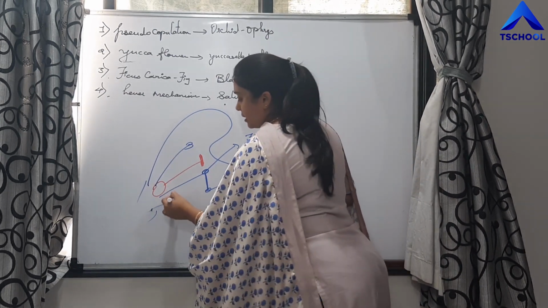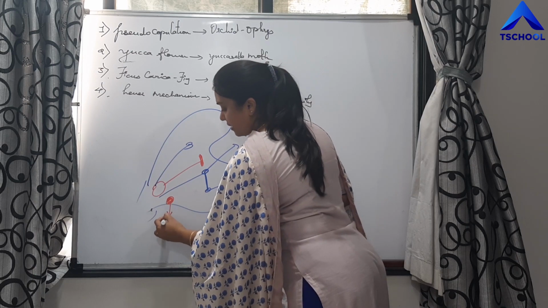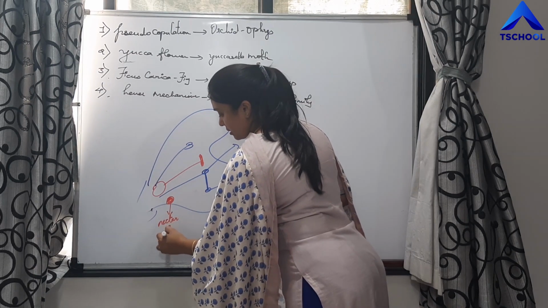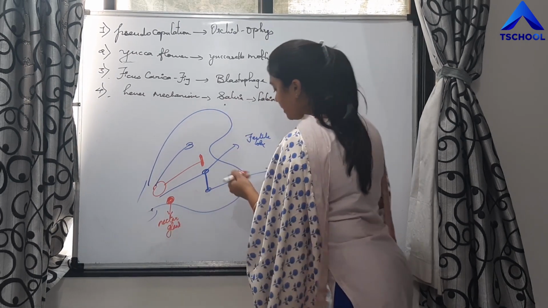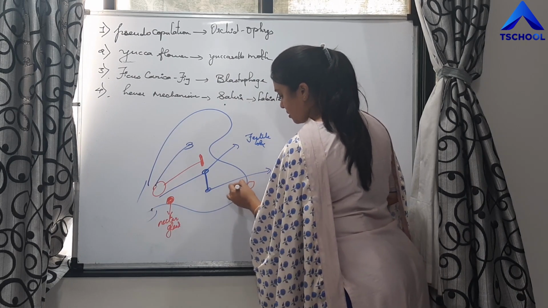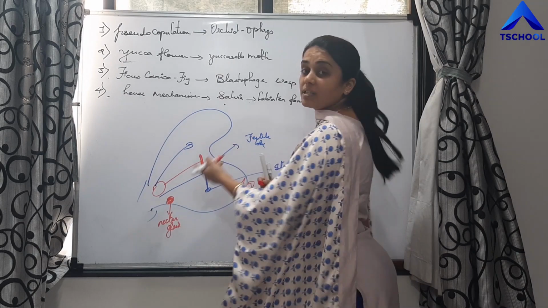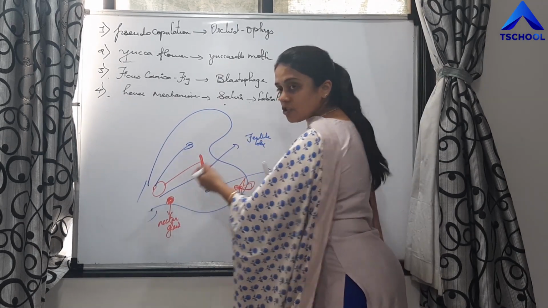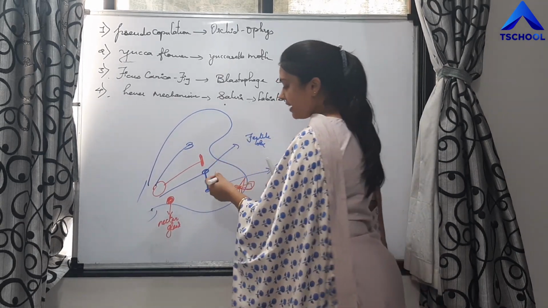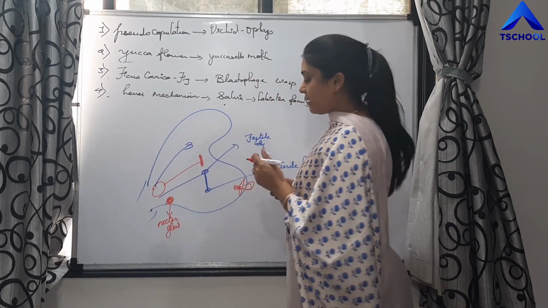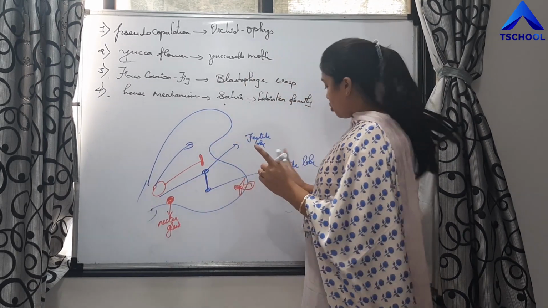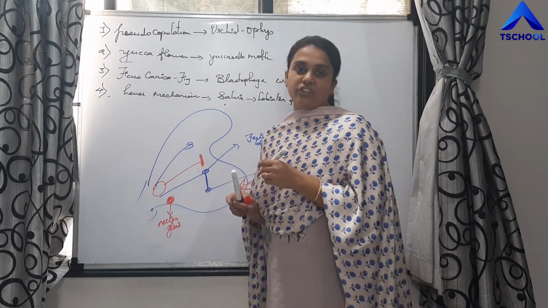Here is present the nectar gland, right? So the insect is coming towards this flower in search of the nectar gland. When it is trying to suck the nectar, it sits on the sterile lobe of the anther.